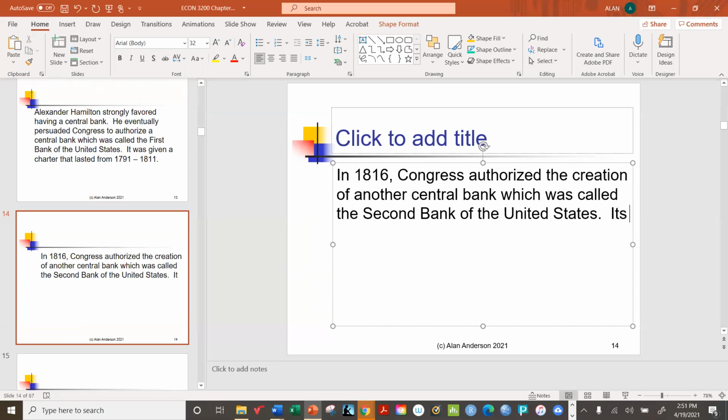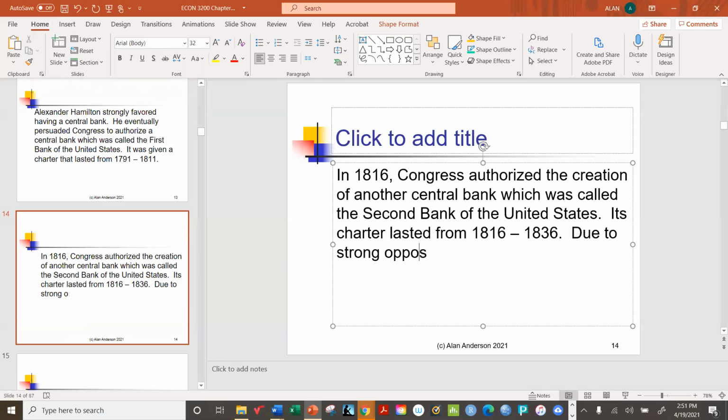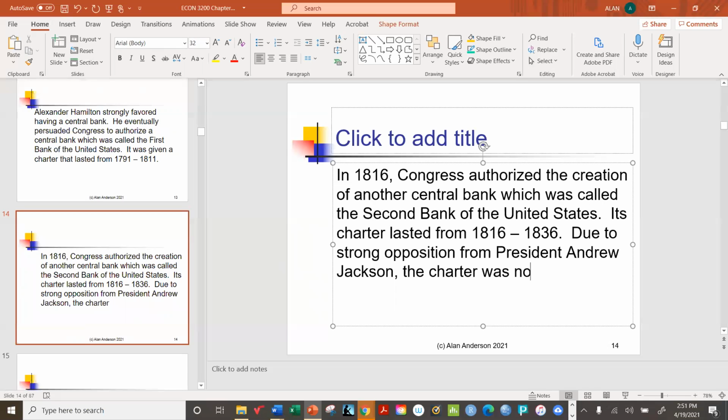Its charter lasted from 1816 to 1836. At the end of those 20 years, the charter was not renewed due to strong opposition from President Andrew Jackson.